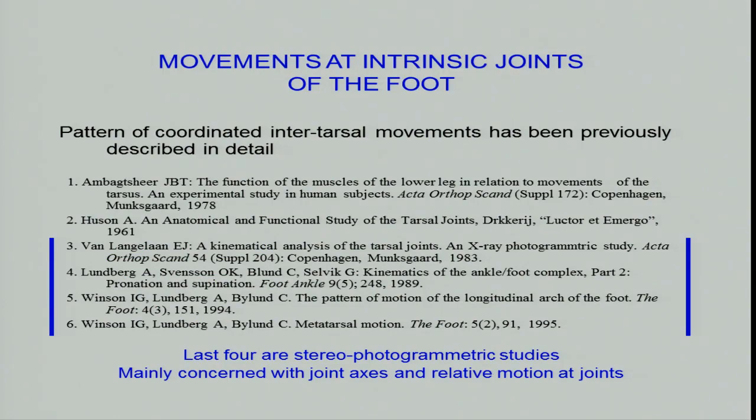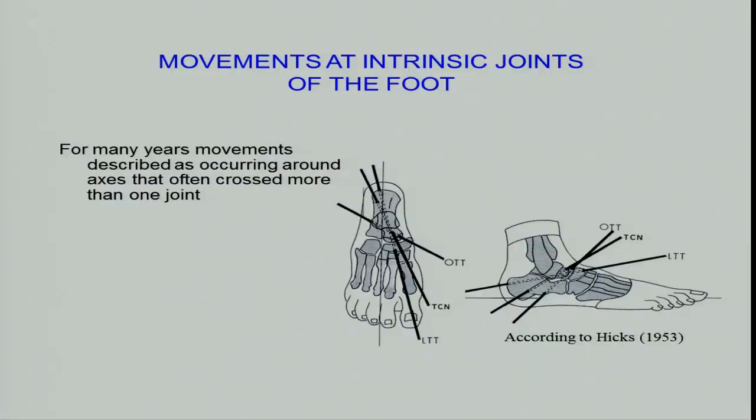Now the last four of those references are related to stereophotogrammetric studies, and they were mainly concerned with joint axes and relative motion at the joints, relative motion of particular parts of the foot to each other. And for many years, as you know, movements have been described as occurring around axes, and these often were shown to be crossing more than one joint.